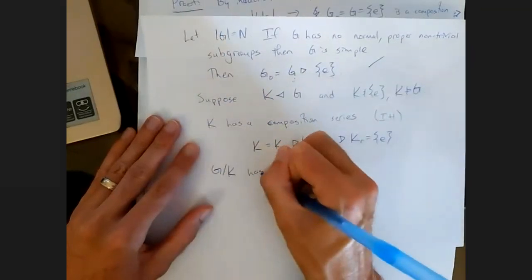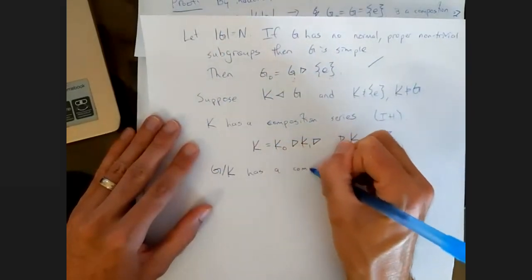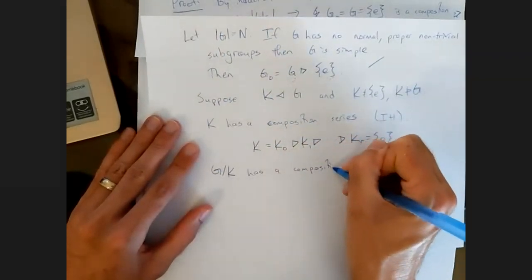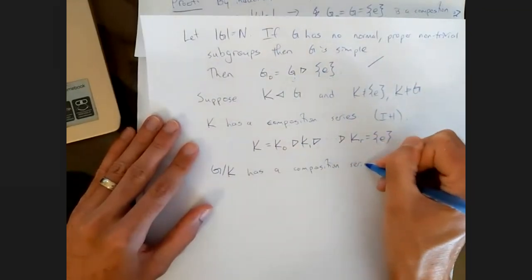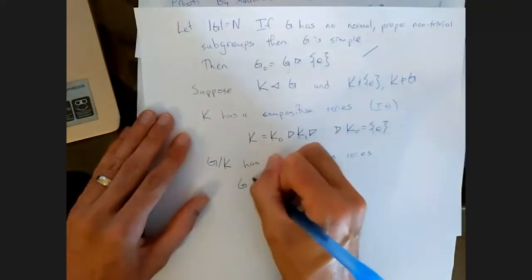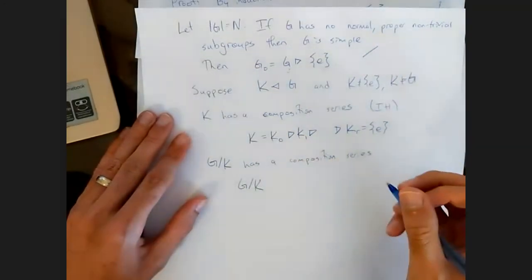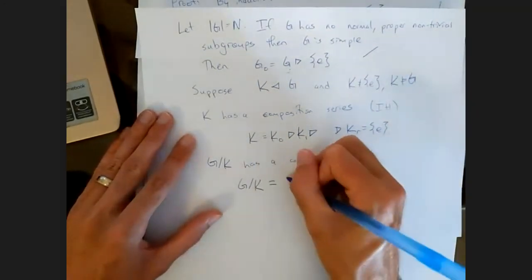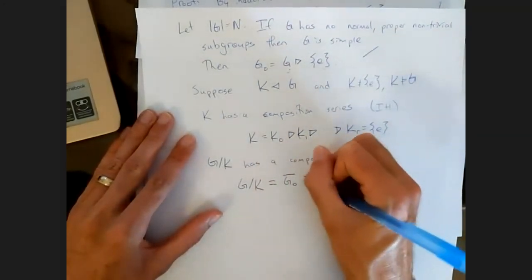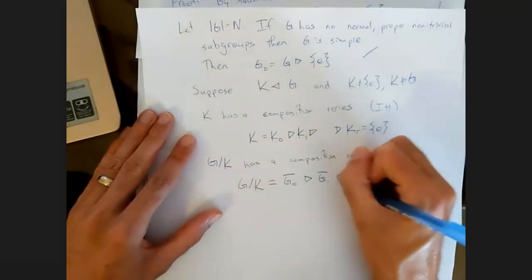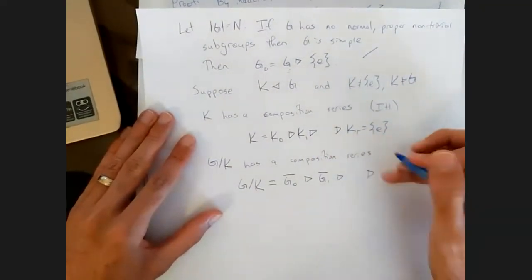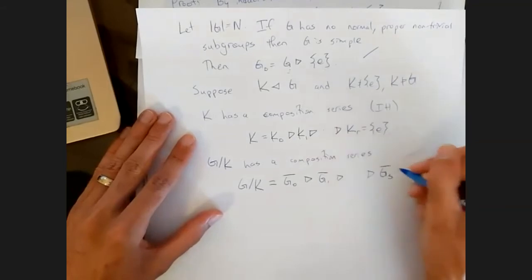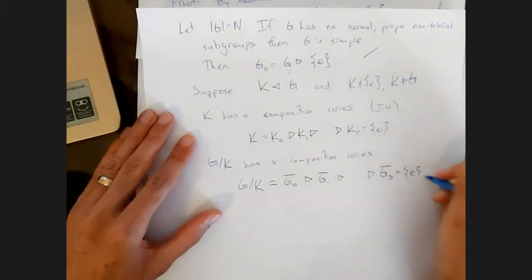Also, we can look at G mod K. G mod K has a composition series: G mod K equals G0 bar, G1 bar, all the way up to GS bar, which is the trivial group.